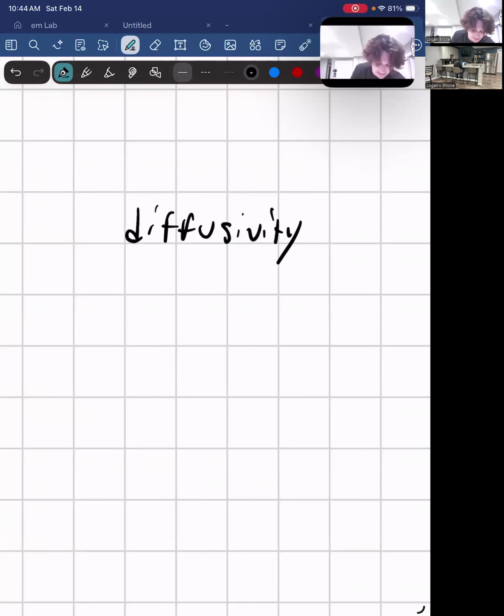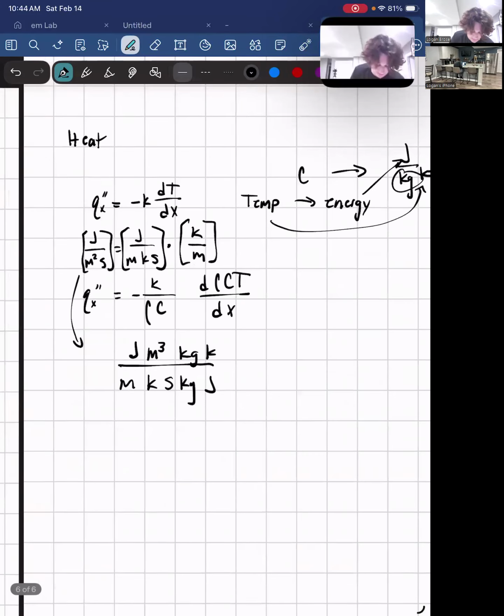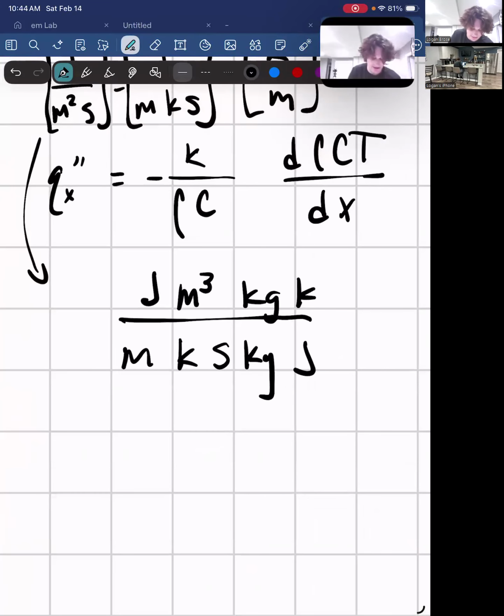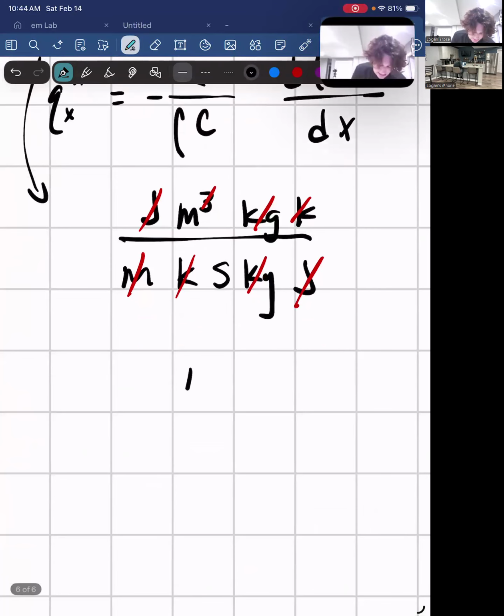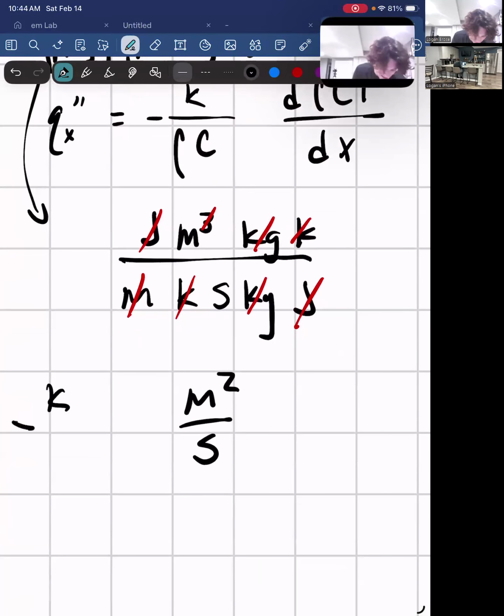So that's what we're looking for. So when we go back down here, when we cancel out our joules, we cancel out one of our meters, we cancel out the kelvins and the kilograms. And so now we are looking at meters squared per second.